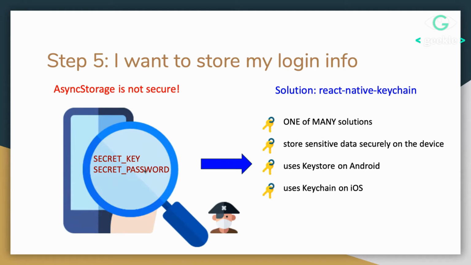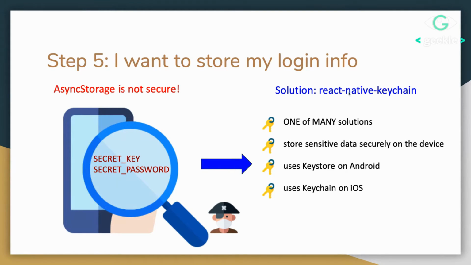One of several possible solutions for storing sensitive data on the local device is a library called React Native Keychain. So with this library, you can store your login data securely. This library uses native solutions on the devices. So it uses the keystore on Android devices and the keychain on iOS devices.